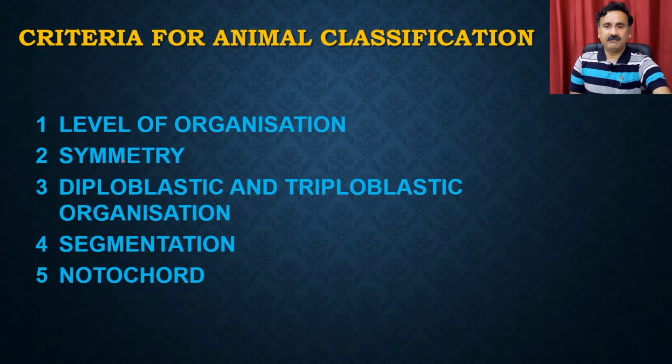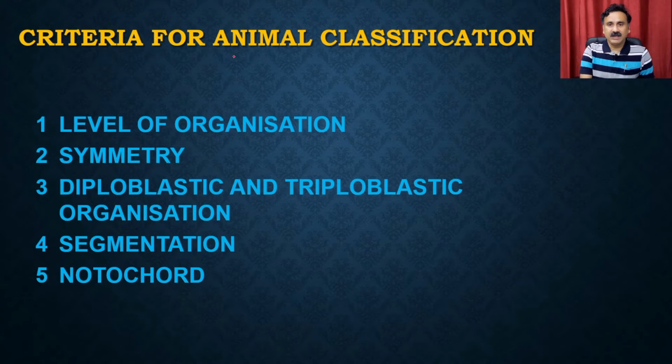So, we have a set of classification criteria. What you can see here is the animal kingdom. We have 5 criteria for classifying it, because animals could vary from a very tiny ant to a very giant elephant. That is why you cannot just have a simple criteria.